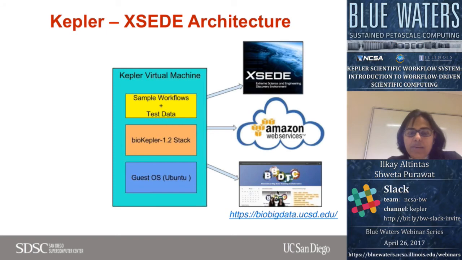So here Kepler comes as an abstraction layer between the users and these complex and emerging big data technologies, to simplify your task to build the workflow and scale it on all these high performance clusters like Exceed resources and the Amazon EC2 cloud infrastructure.